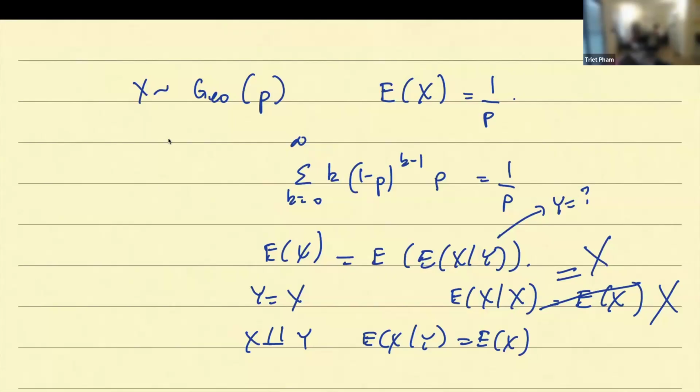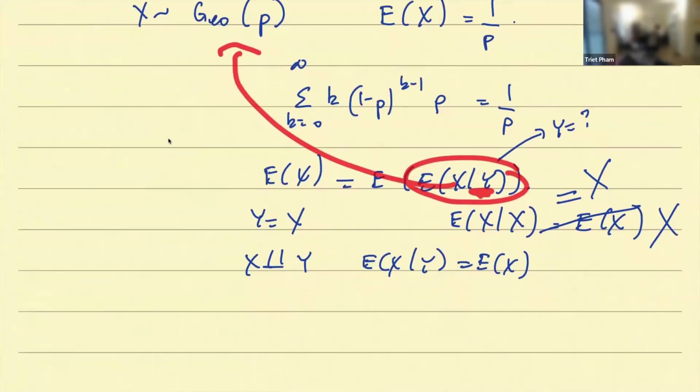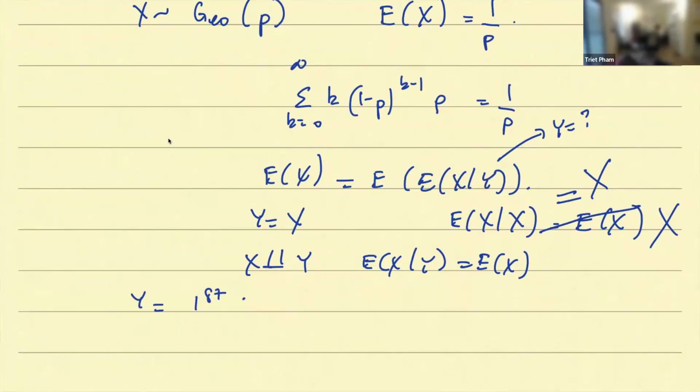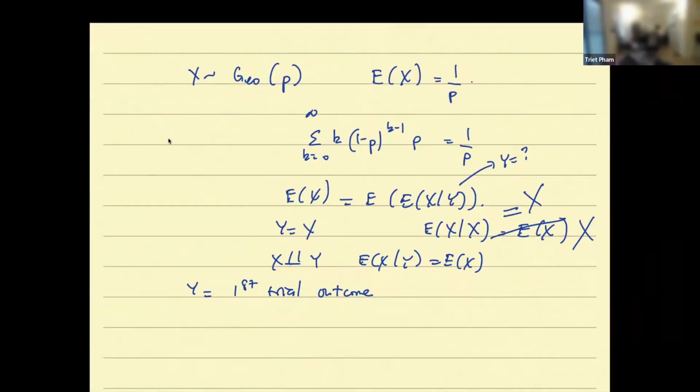So here it turns out that the right random variable to condition on for the geometric case is the result of the first trial. Remember what the geometric does: it keeps waiting for the first success, where trials are independent with success probability p.